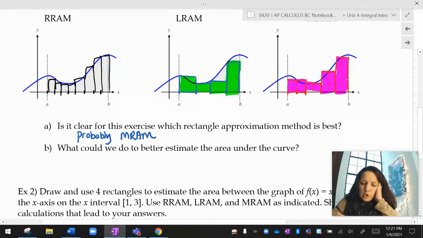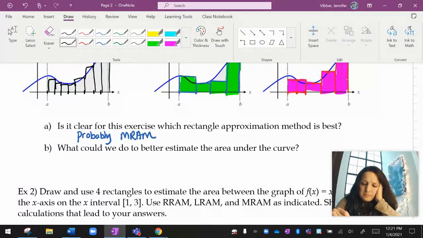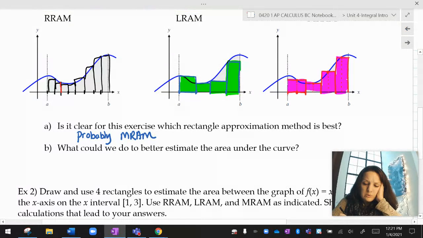Doesn't that look a lot better than the original one?